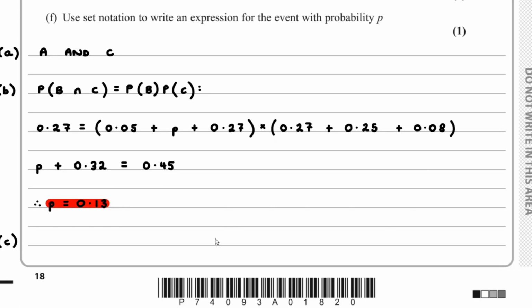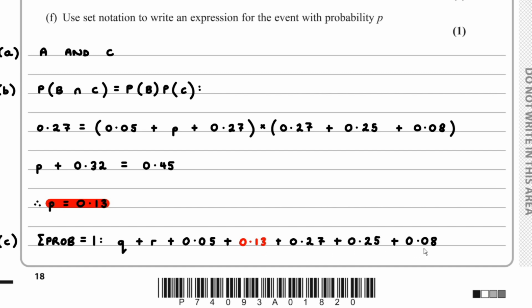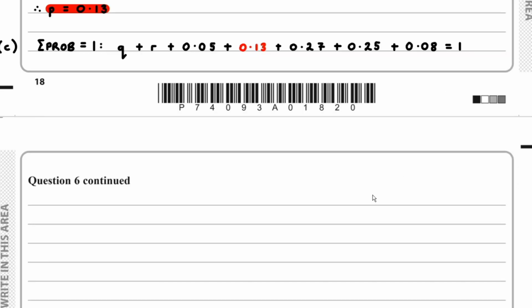So, the sum of the probabilities is equal to 1, so we have Q plus R plus 0.05 plus 0.13 plus 0.27 plus 0.25 plus 0.08. That's all equal to 1. And let's simplify this. Well, simplifying, we've got 1 subtract 0.05, subtract 0.13, subtract 0.27, subtract 0.25, subtract 0.08. We can conclude Q plus R is equal to 0.22.